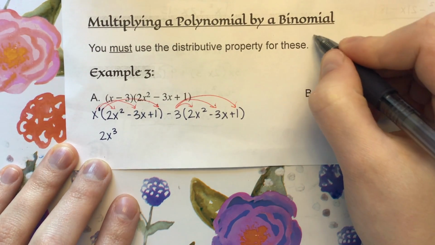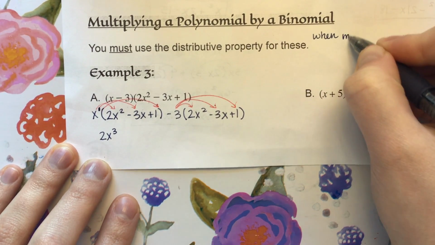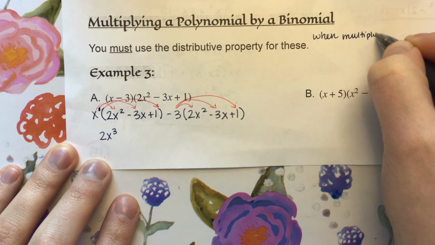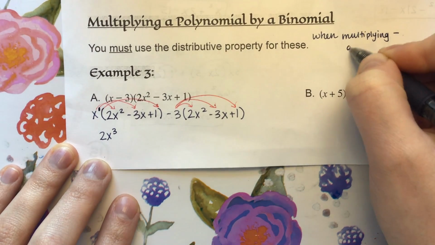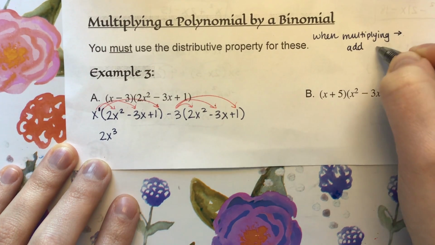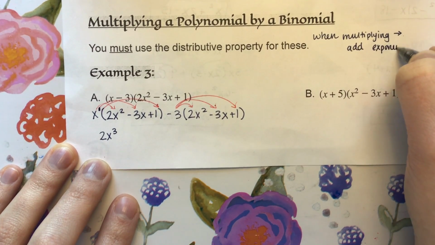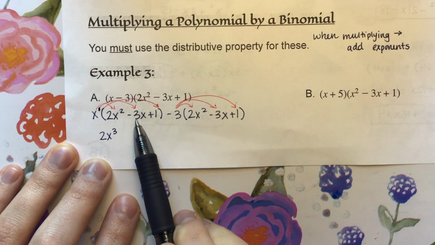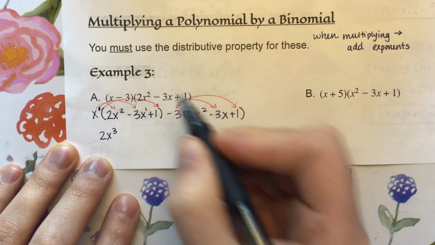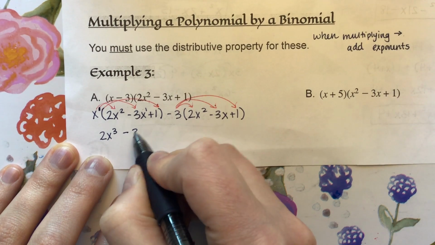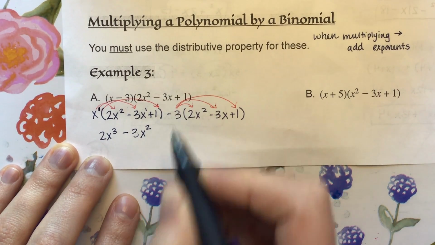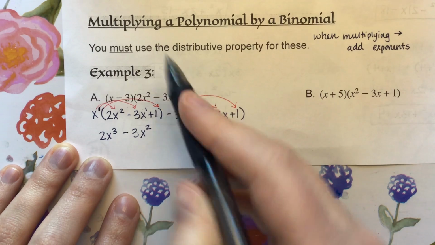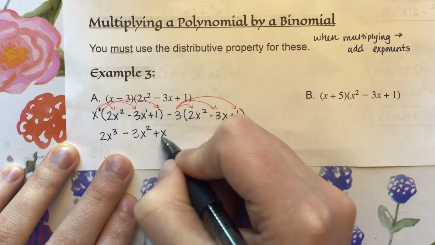I'm going to write that down up here just to remind you. When multiplying, add exponents. All right. Then we have x multiplied by negative 3x. There's an exponent of 1 right there, so this is going to be minus 3x squared. And then x times 1 is just plus x.